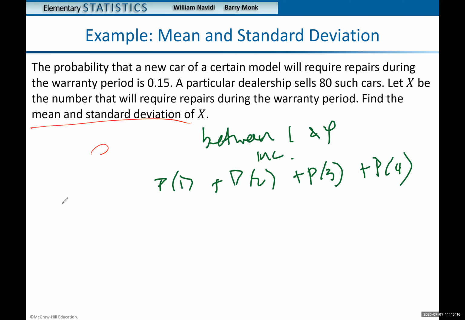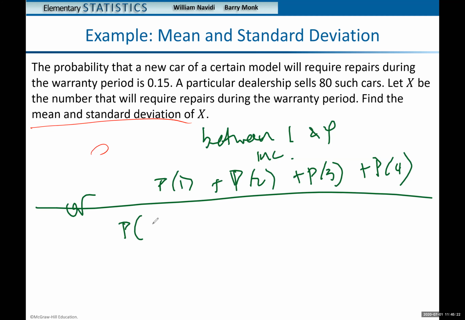You can compute each probability, or you can get the probability of less than or equal to 4. We know that less than or equal to 4 is 0, 1, 2, 3, 4. But since you only want between 1 and 4, you subtract probability of 0.